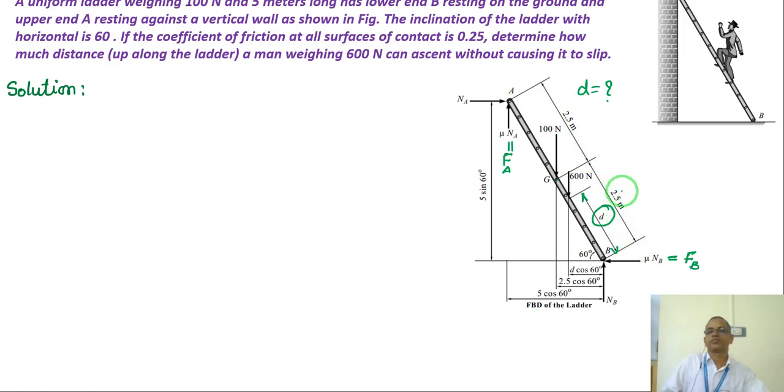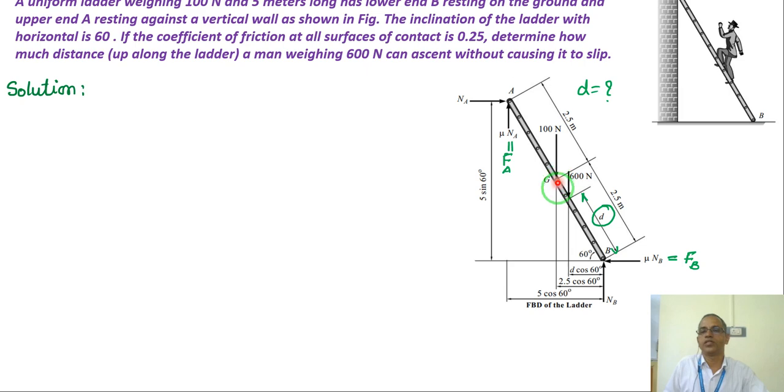Okay. Now since the angle 60 is given to me, I need to find out the horizontal and vertical distances. So the 600, where the man has climbed, assuming at a distance D, so this becomes D cos 60 because horizontal distance is towards the angle.